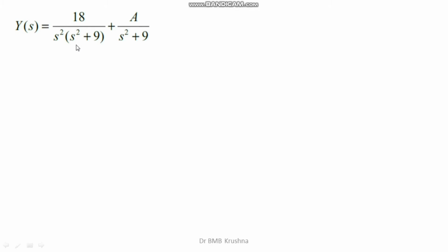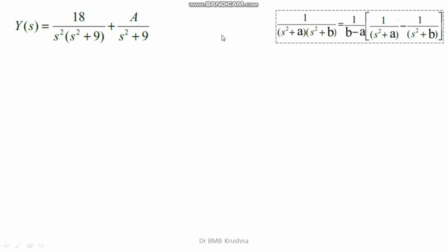The first term can be resolved into a sum of simple partial fractions. We have the formula to express this fraction as a sum of partial fractions: 1 over b minus a, times 1 by s square plus a minus 1 by s square plus b, provided that b is greater than a. Here a is 0 and b is 9.